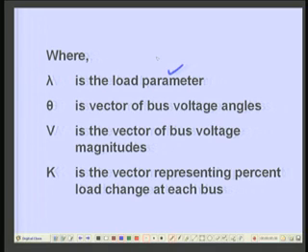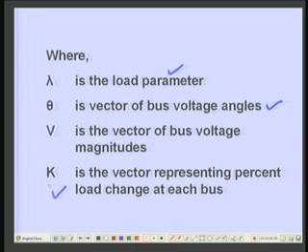Here lambda is called the load parameter, theta is the vector of bus voltage angles, v is the vector of bus voltage magnitudes, and k is the vector representing percent load change at each bus.